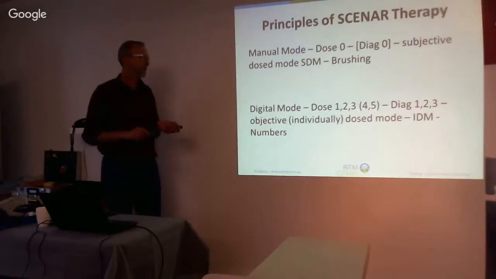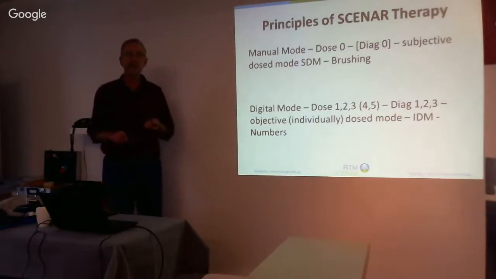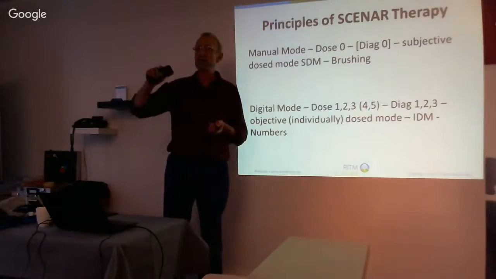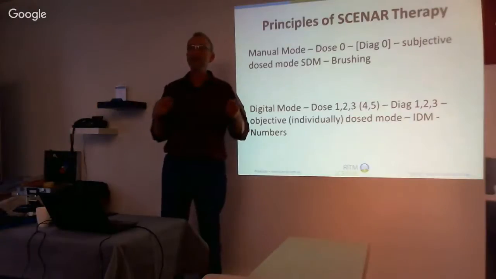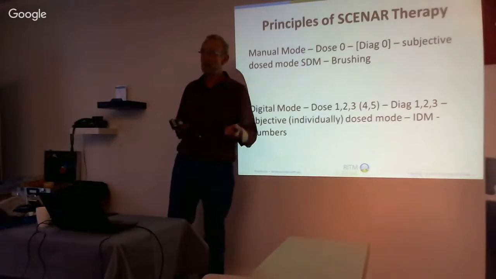In digital mode, also called the objective or individually dosed mode, or IDM, you are actually not moving the Scenar in a brushing way, but you go position by position in order to get certain numbers that will help you to identify whether you're close to the problem, whether you find the asymmetry or not.